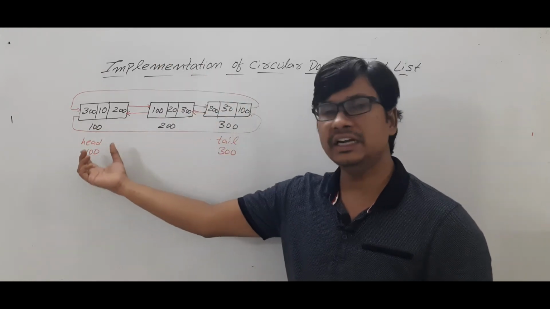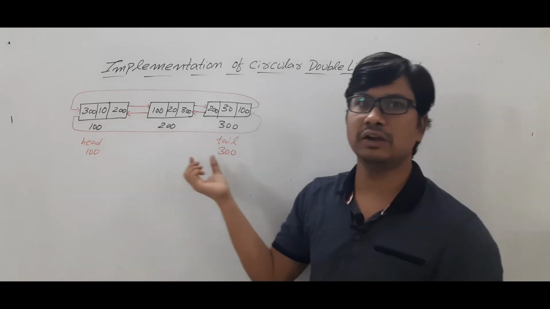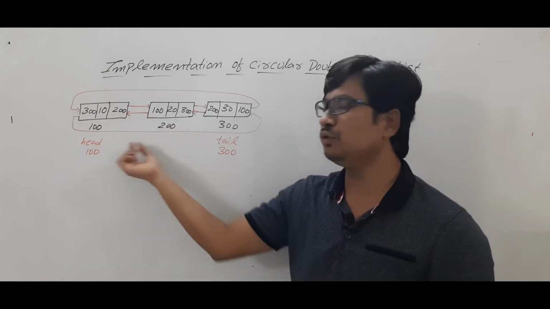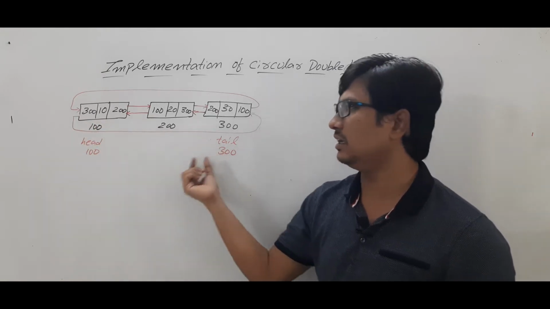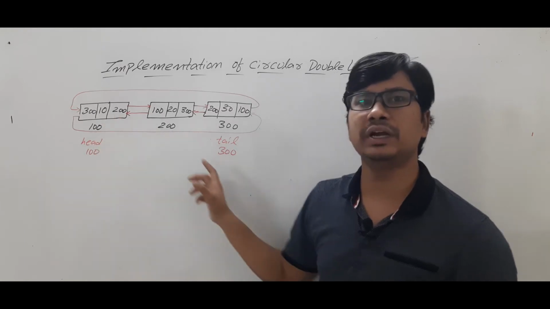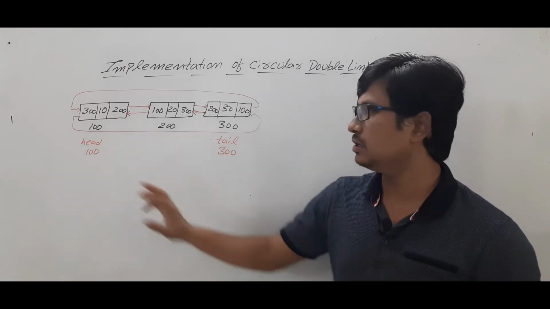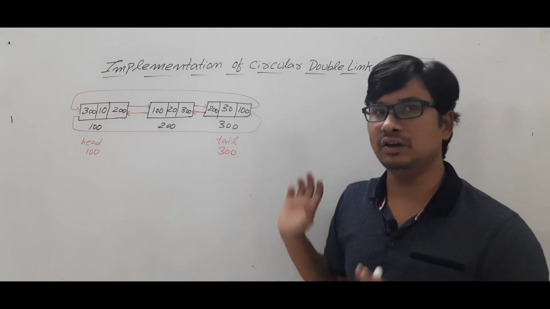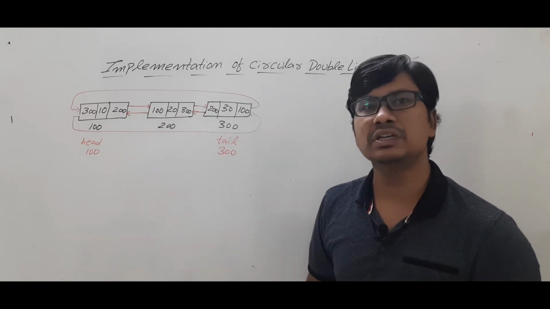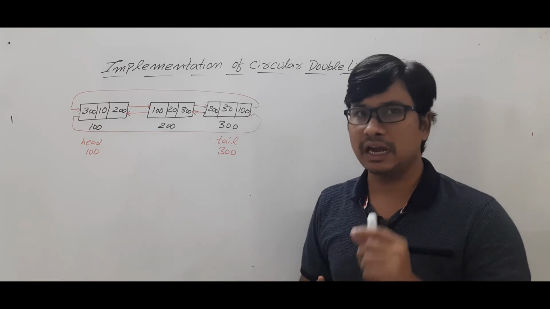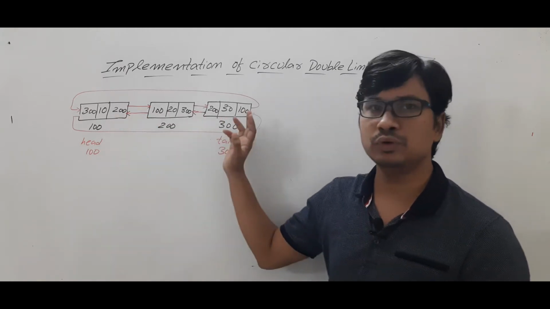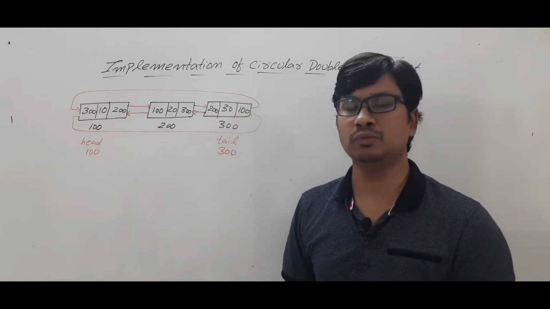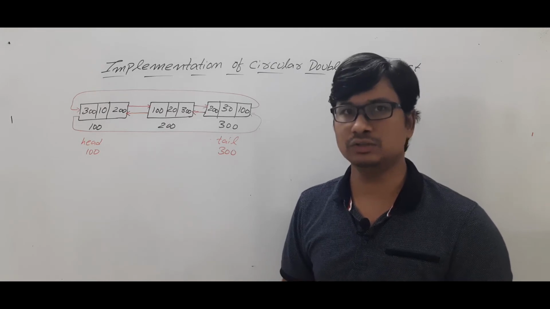And to identify which is the first node and which is the last node, we have 2 pointers called head and tail, which point to the first node and last node respectively. Head will have the address of the first node and tail will have the address of the last node. So this is about circular double linked list. The advantage is that we can move in the forward direction and also in the backward direction.